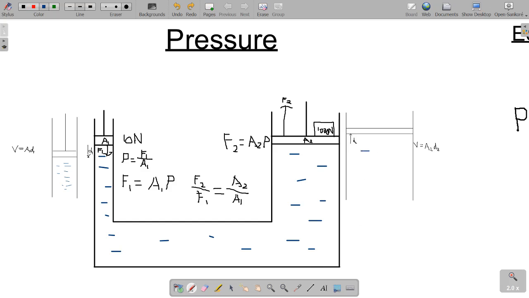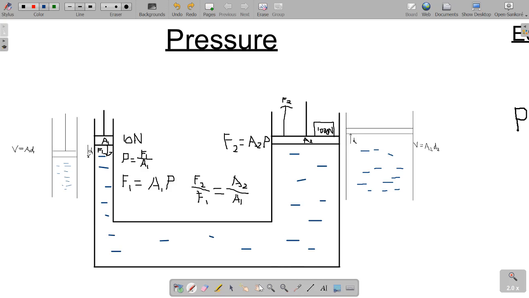What this means is that although you exert a much larger force on this piston, the distance you move it up by will be much smaller than the distance you push it down. So basically this is how piston systems work.